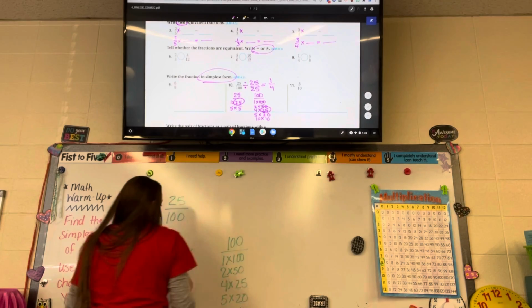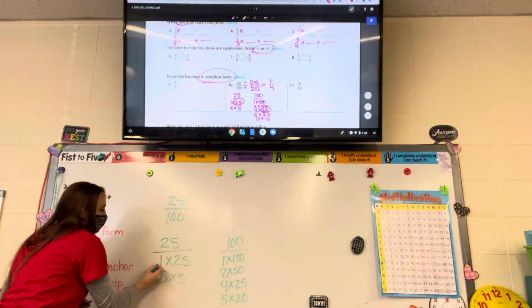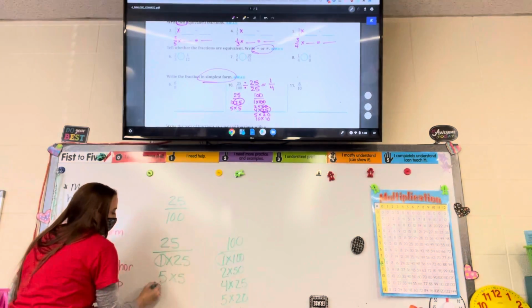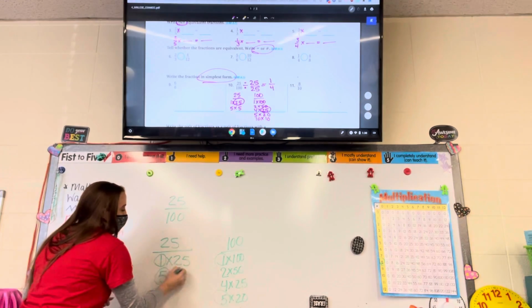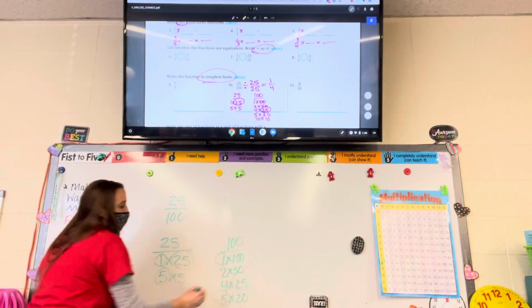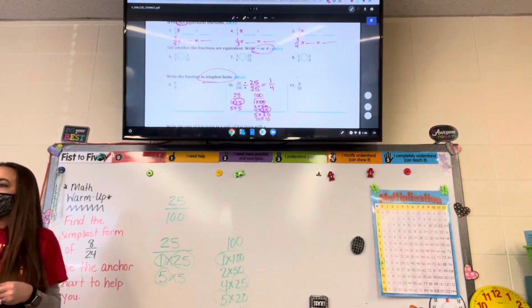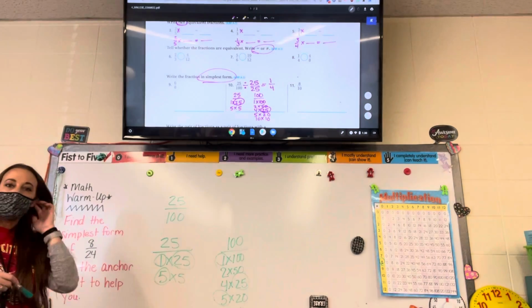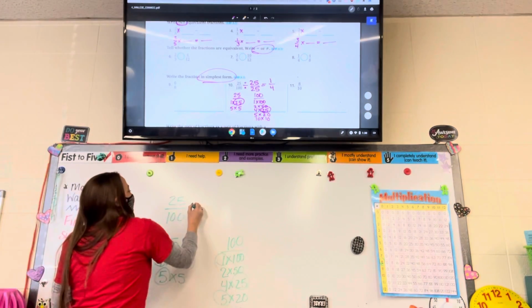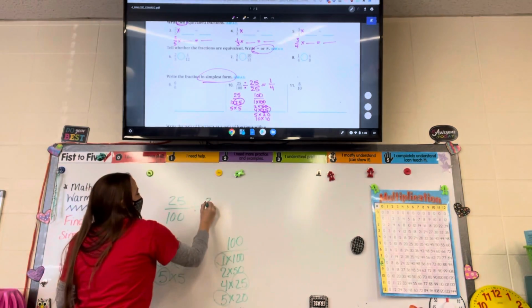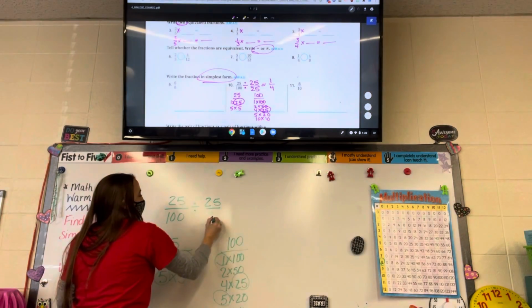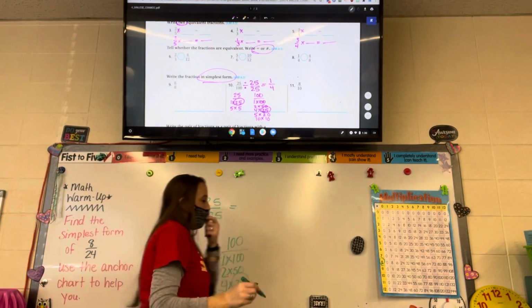Now we identify common factors: 1 and 1, 5 and 5, 25 and 25. So what's the greatest common factor? 25. So we divide by 25 over 25.